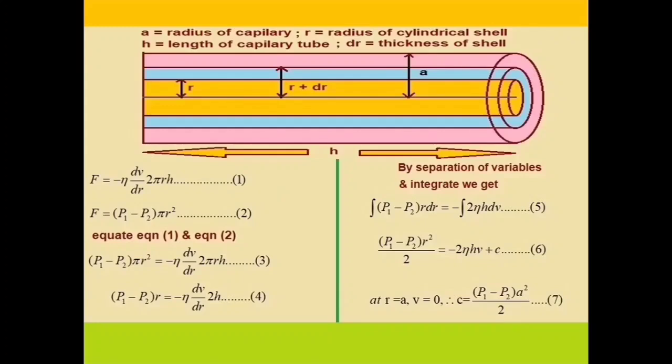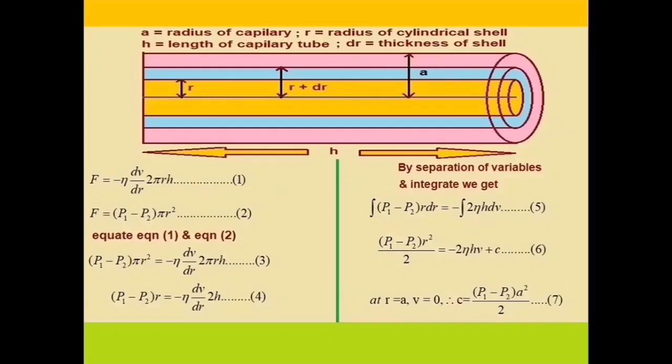The retarding force on the liquid cylinder of radius r due to viscosity, that is capital F, is equal to minus eta into dv by dr into 2 pi r h. This is equation number 1. The negative sign shows that the force is a retarding force.